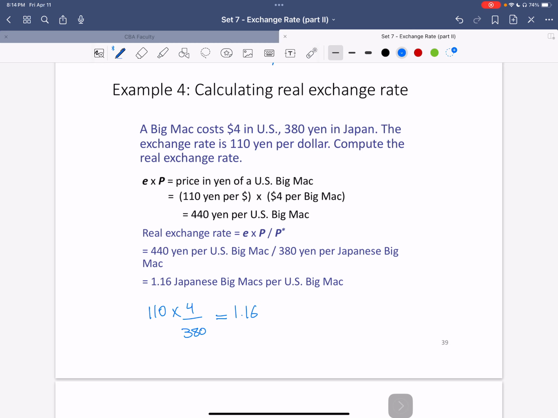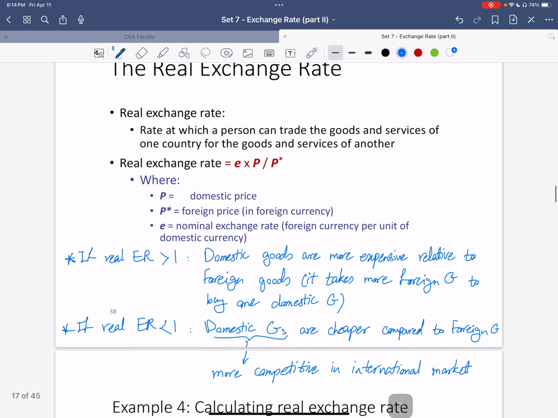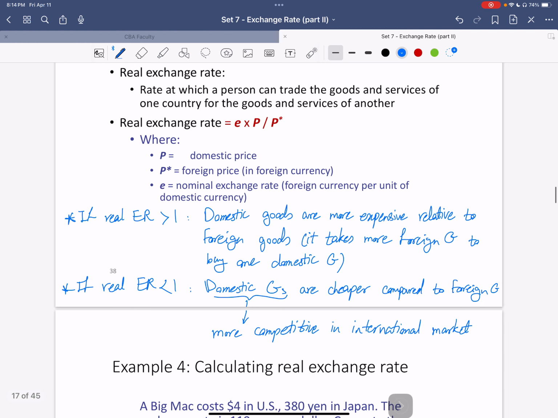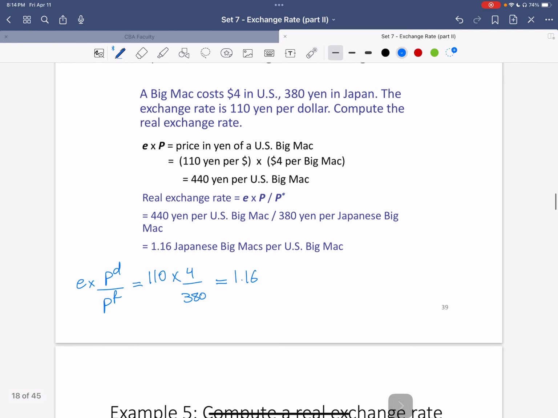Just plug in the numbers in the formula, E times P domestic over P foreign. This means that to buy a Big Mac in the US, a Japanese citizen must sacrifice an amount of money that could purchase 1.16 Big Mac in Japan.